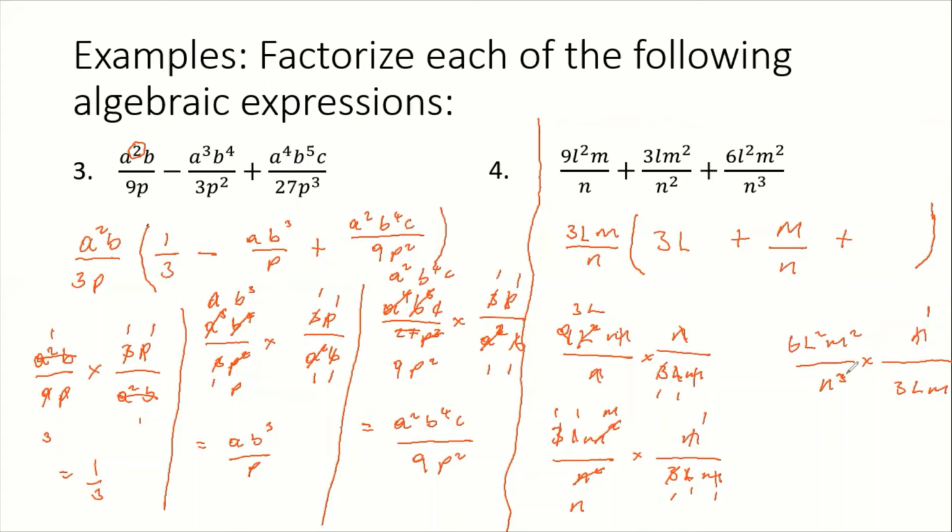And N into N to the third power, that's going to be N to the second power. Then 3 into 3, that's 1. 3 into 6, that will give us 2. Then L into L, that's 1. L into L squared, that will just give us L. And M into M, that's 1. And M into M squared, that will give us M. So our answer for this one is going to be 2LM all over N squared.